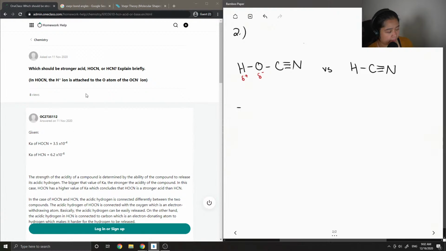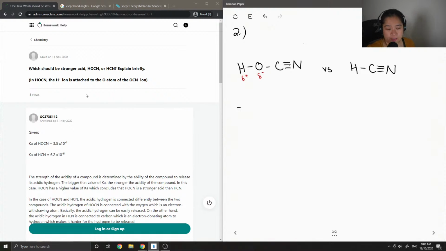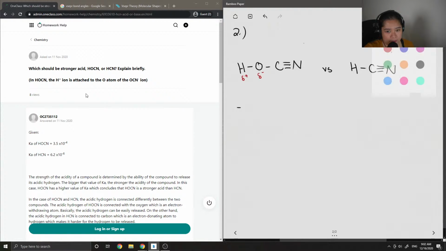Because there's a positive charge on this hydrogen atom, this makes it more readily removed when you place it in the water. So therefore, HOCN is the stronger acid.